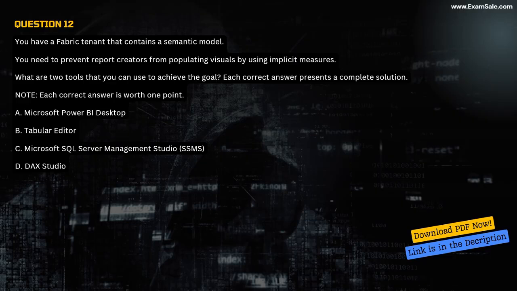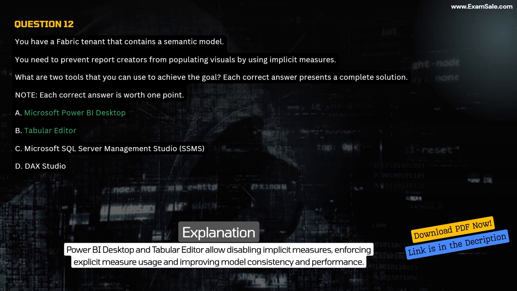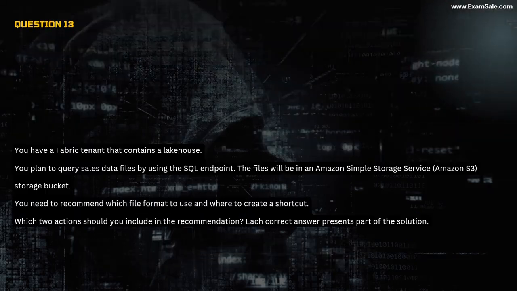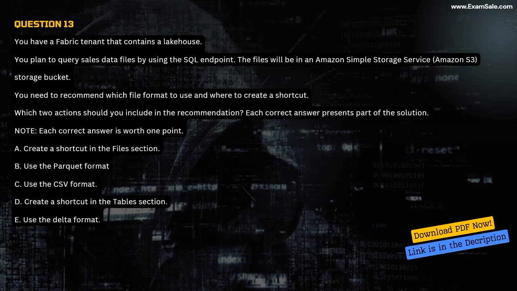D. DAX Studio. Correct answer A and B. Microsoft Power BI Desktop. Tabular Editor. Explanation. Power BI Desktop and Tabular Editor allow disabling implicit measures, enforcing explicit measure usage, and improving model consistency and performance.